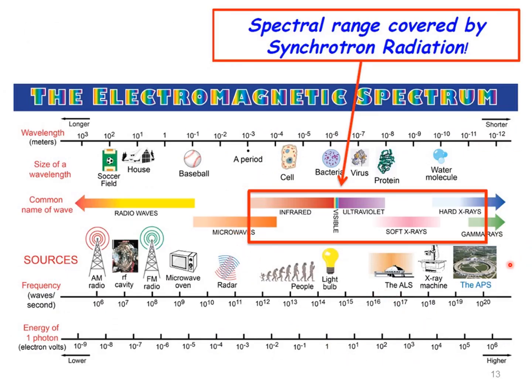In this diagram, we see the spectral range covered by synchrotron radiation, and this diagram also shows the relation between wavelength and energy with different objects.